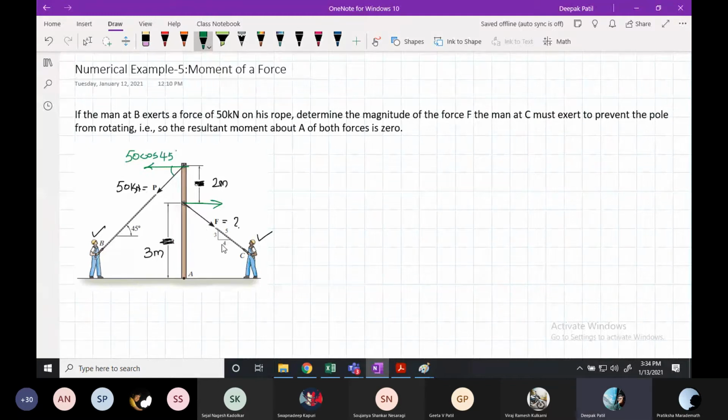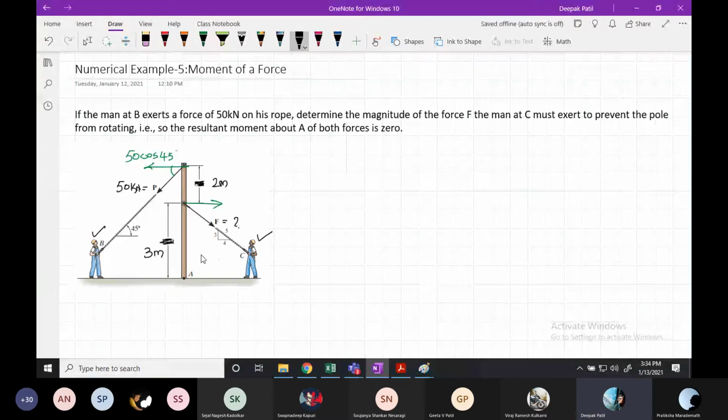Actually, in the previous example I already calculated this angle as 53.13. It means this angle should be 53.13. I will not calculate that again. So this force should be F cos 53.13.